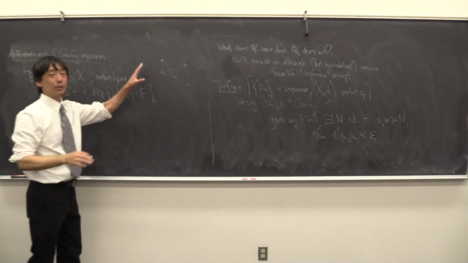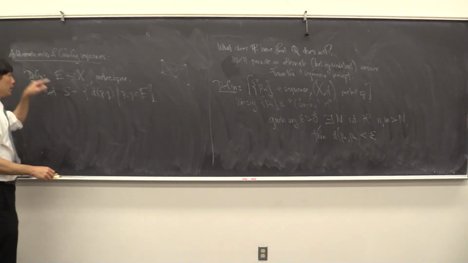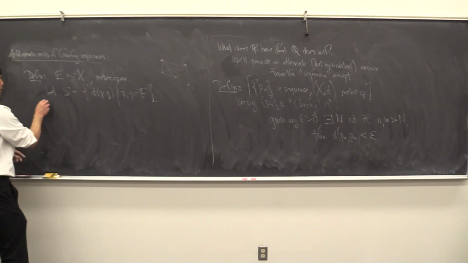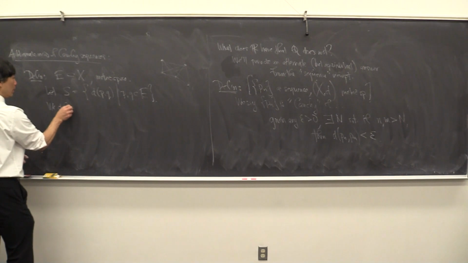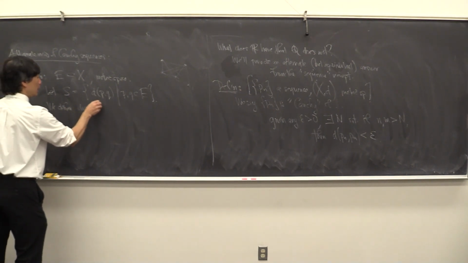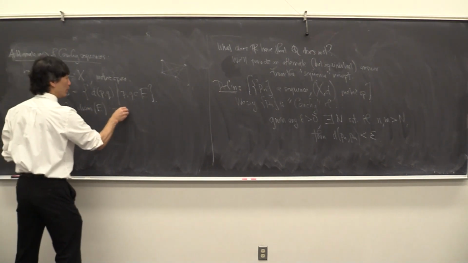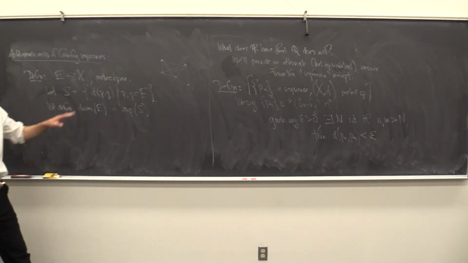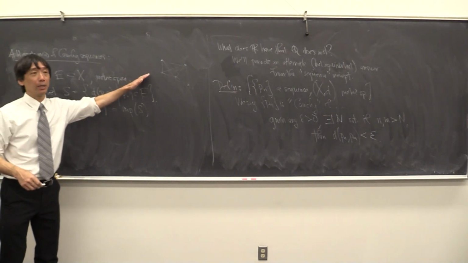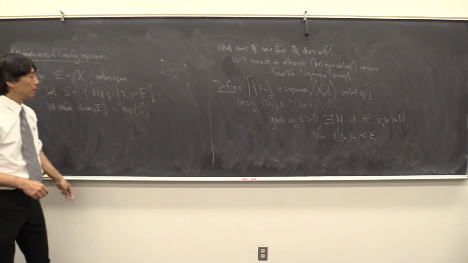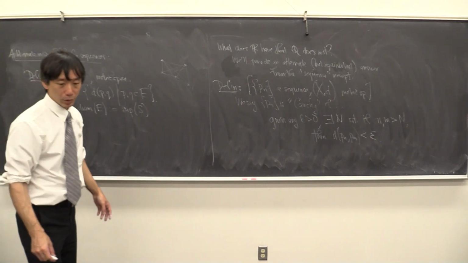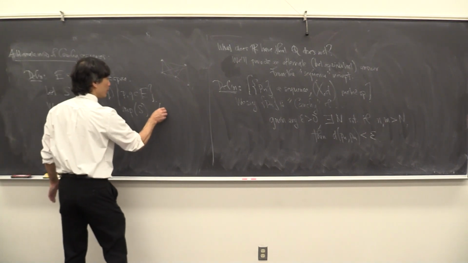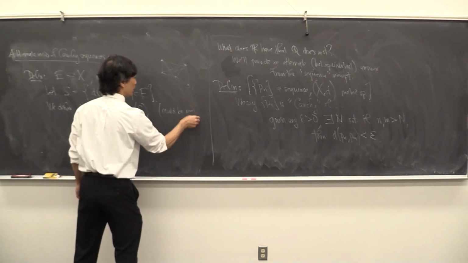Call that set of numbers S. We define the diameter of E as the supremum of that set of numbers, because you could have some infinite set here, and maybe it doesn't reach a max. But you can always take the supremum. Well, it could be infinite.